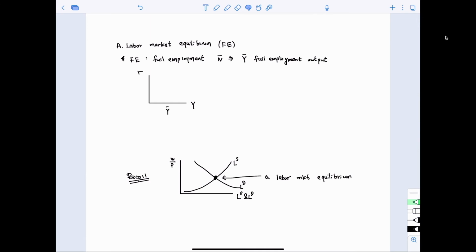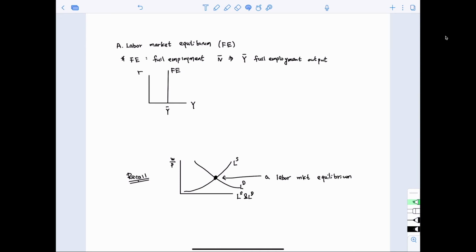Therefore, it is a vertical line, and the point where it crosses the horizontal axis is the full employment output level. Once the labor market is in equilibrium, the economy will be at full employment, and the corresponding output will be the full employment output. It has nothing to do with the R, which means that it can correspond to any level of R. So the full employment line is a vertical line.